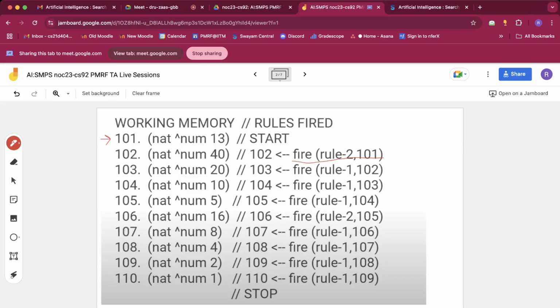This will result in the addition of an element with timestamp 102, which is having a value of 40, and will continue to fire until we reach timestamp 110, where we have a value of 1, and at this point no more rules can be fired and we stop or halt our production system.